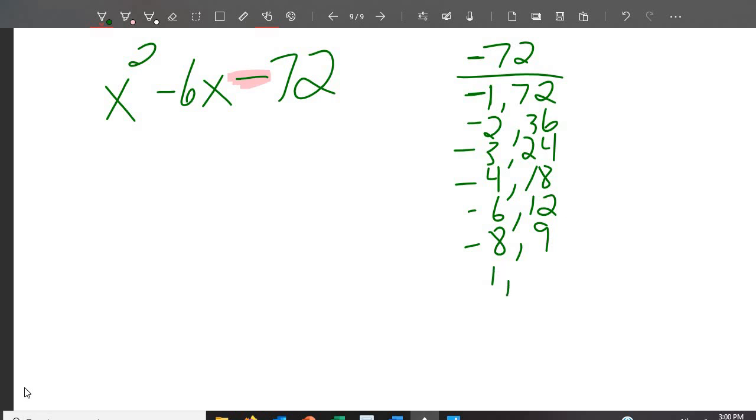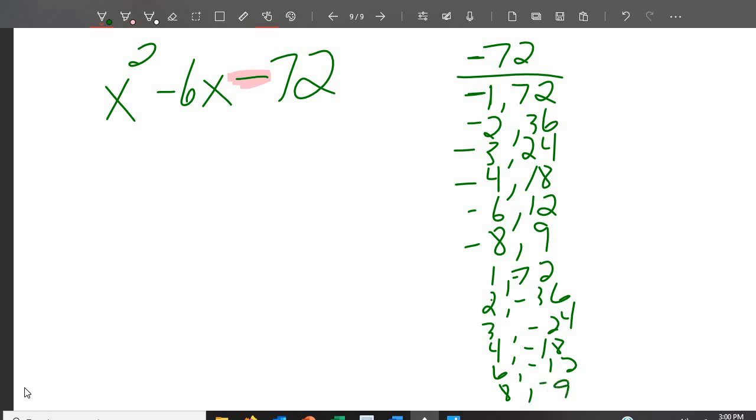And let me turn around and list them all again with the negative on the second number. Now, I'm looking for a pair that adds up to be negative 6.